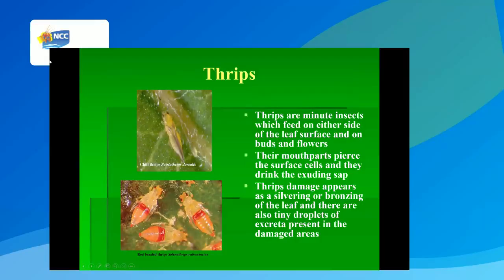Another set of insects that fall broadly under the category of sucking pests are thrips. These are small, soft-bodied insects that can do a lot of damage to your plants.